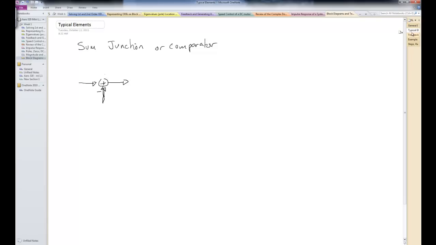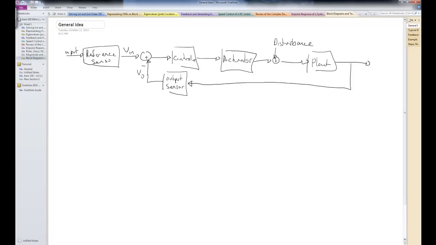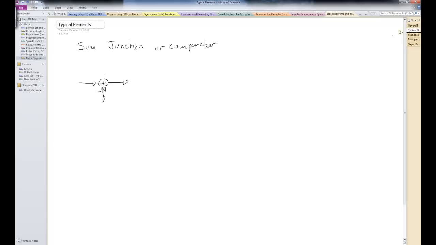So in this case over here, here's our comparator, and I've got voltage in minus voltage out equals, and typically we would think of this as an error that we're generating, right? And we've been doing this. So in this case, this would be, say, r of t, which has a Laplace transform of R of s. This might be y of t that we're measuring, which also has a Laplace transform of Y of s.